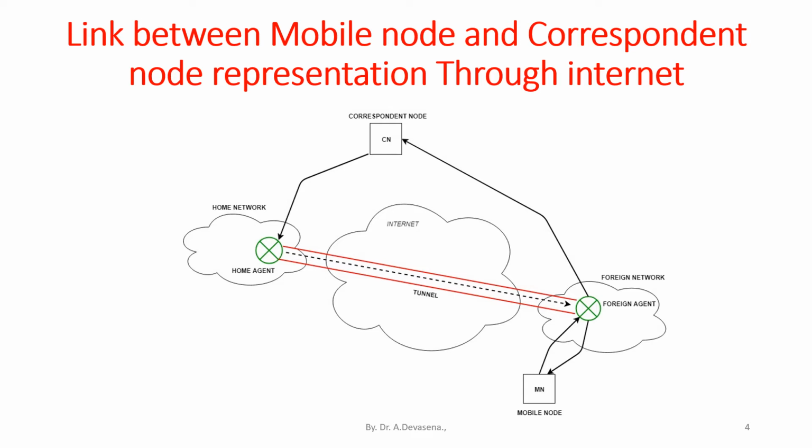Now, the foreign agent in turn transfers the data to the mobile node that is connected to the foreign network. This is the data transmission between the correspondent node and the mobile node through the internet.